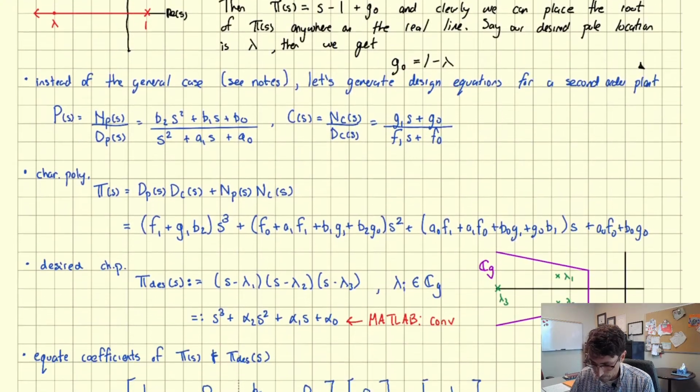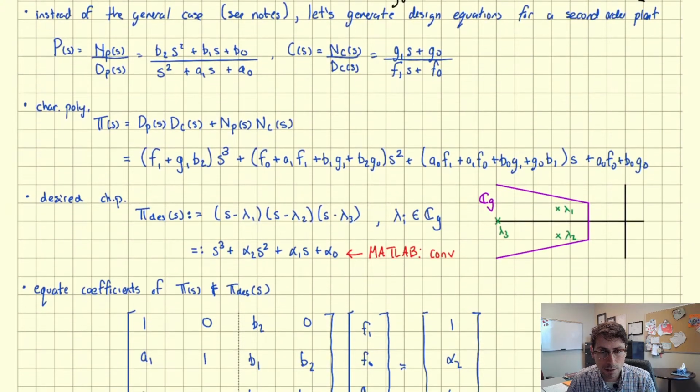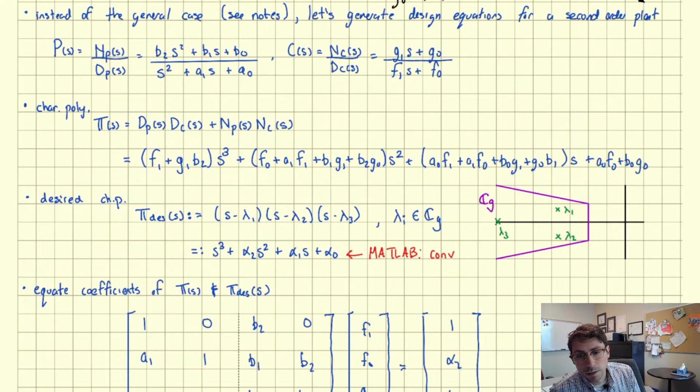So what's happening here is that we have a plant that we want to control in closed loop. And the approach that we're taking here in this chapter is to turn our design specs into desired regions in the S-plane, so desired pole locations. Okay?